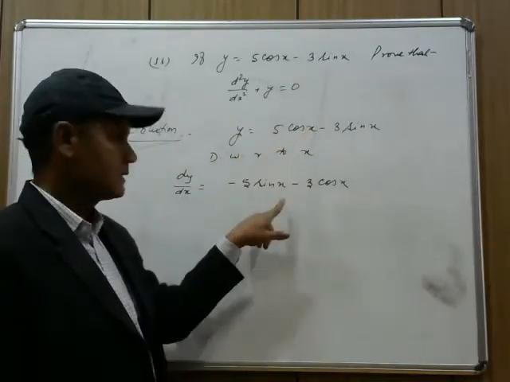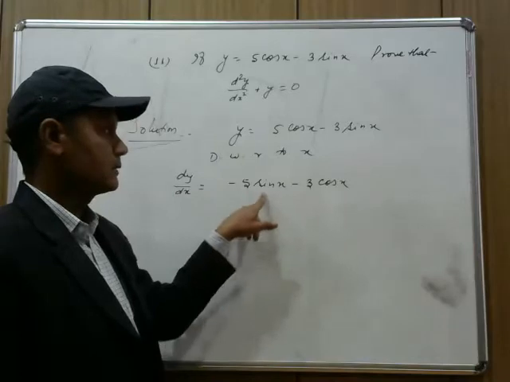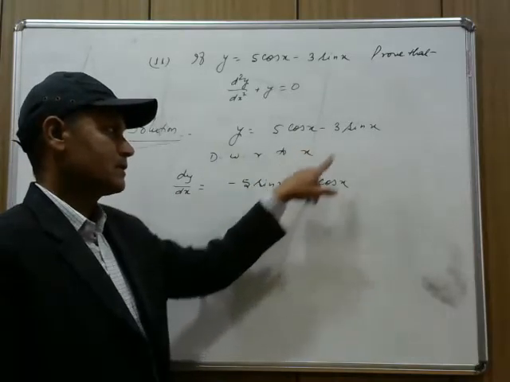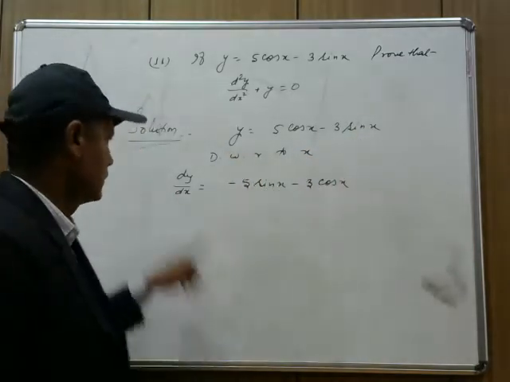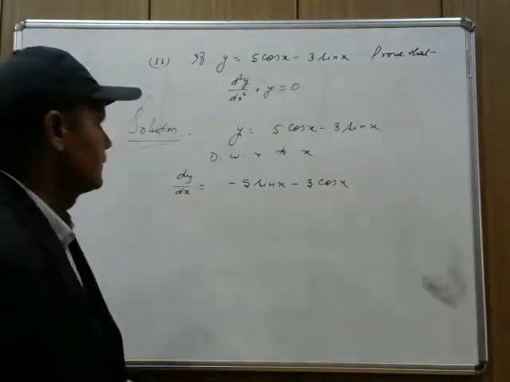Differentiation of cos x is minus sin x, that's why minus 5 sin x. Minus 3 will remain as it is. Differentiation of sin x is cos x. This is the value of dy by dx.